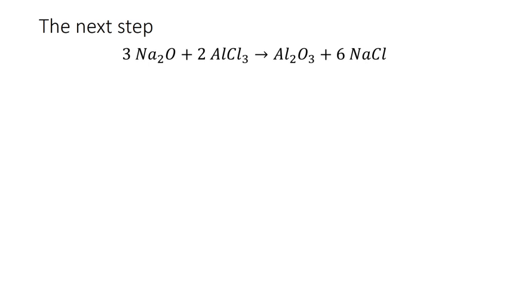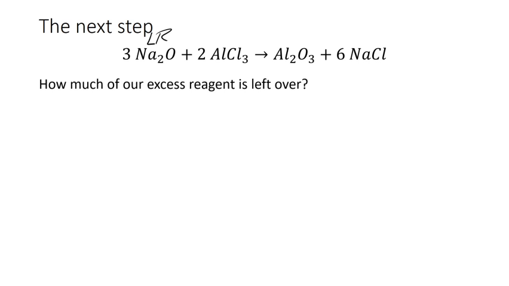So then, to take this a step further, if we wanted, we could figure out how much of our excess reagent is left over. So remember that in the last problem, we figured out that sodium oxide was limiting, it's our limiting reagent, and then aluminum chloride is going to be in excess, so it is our excess reagent.